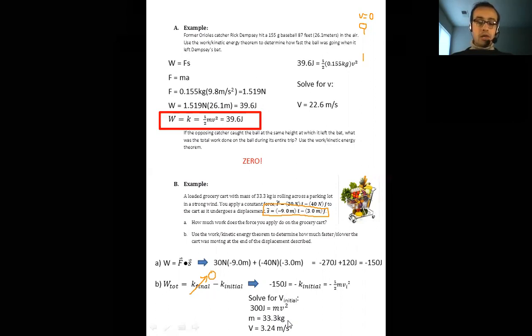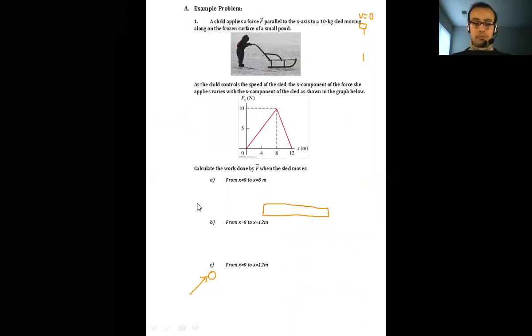We know that the mass is 33.3 kilograms, and we can solve for the velocity as being 3.24 meters per second, meaning that you slowed this cart down by 3.24 meters per second as you're going across this particular displacement. So that's pretty cool.